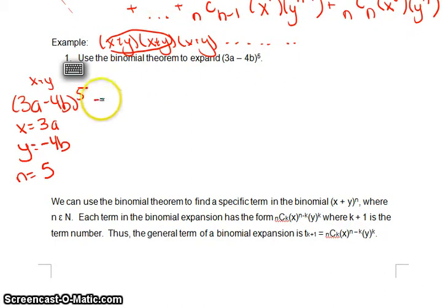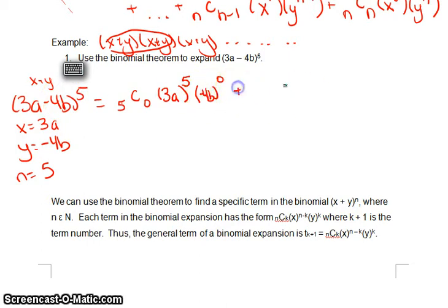So our first term will be, n is 5, so we'll have 5 choose 0, times x, which was 3a, to the power of n, so to the power of 5. Then times y, which is negative 4b, to the power of 0.